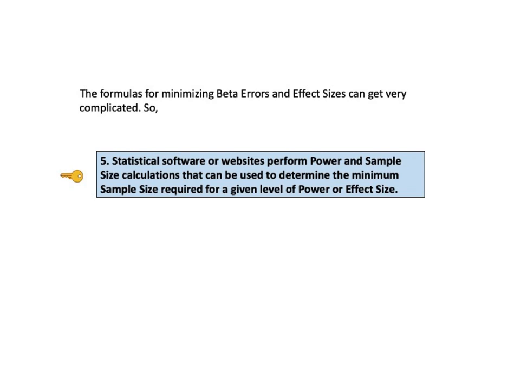But for some areas like medical research and process quality improvement, avoiding beta errors is very important. When we add the need to manage beta errors and effect sizes, the formulas for minimum sample size can get very complicated and are beyond the scope of this book and video. However, there are a number of commercial and free statistical software packages and websites that will do the calculation for you.